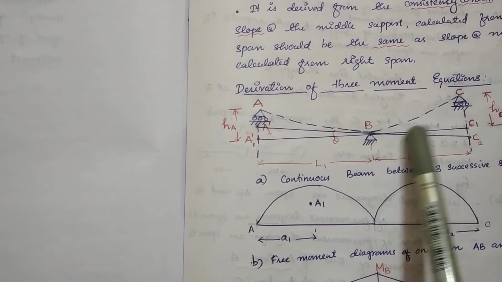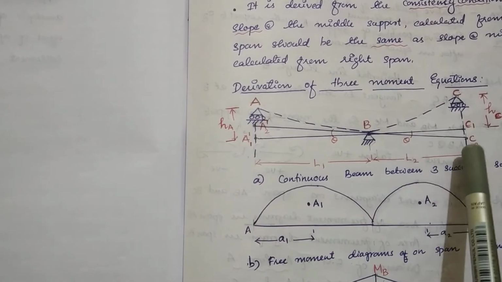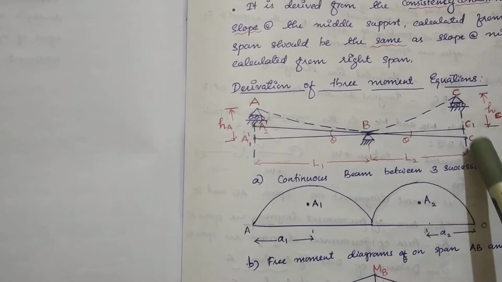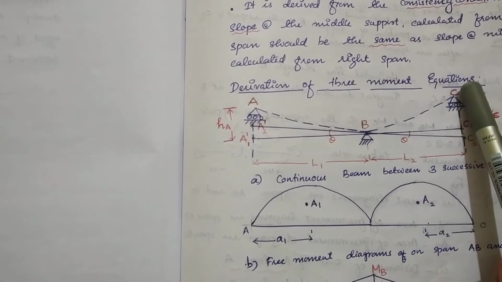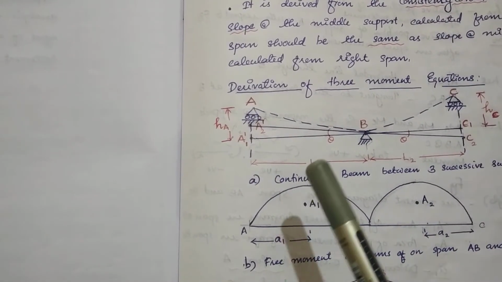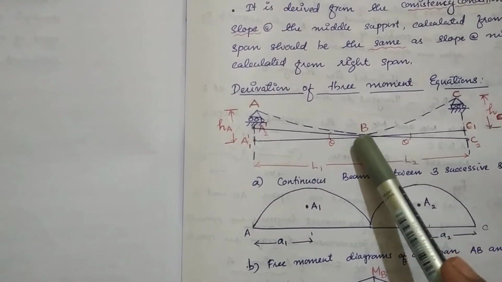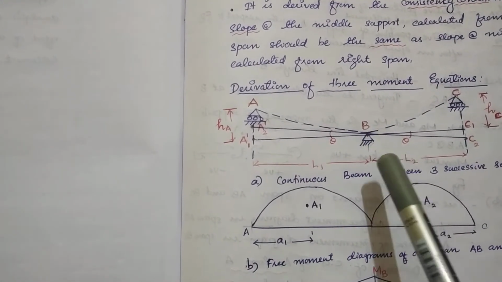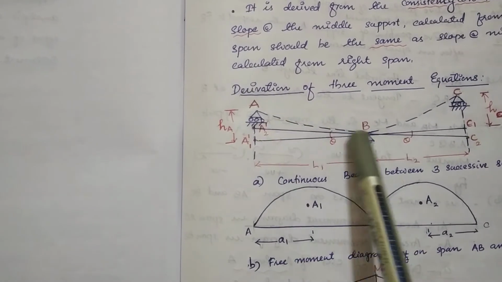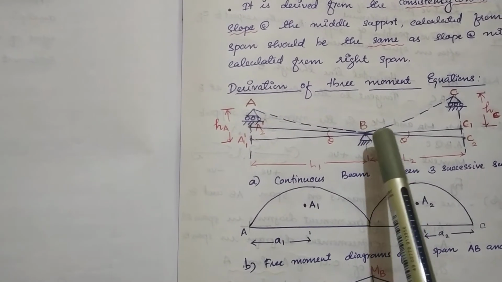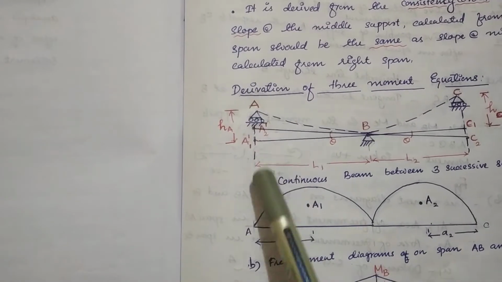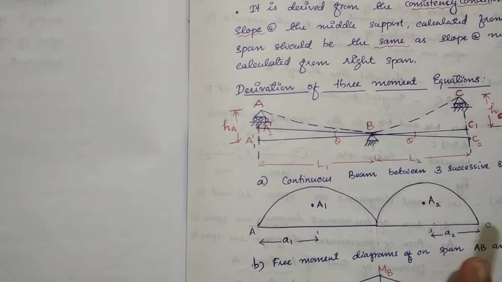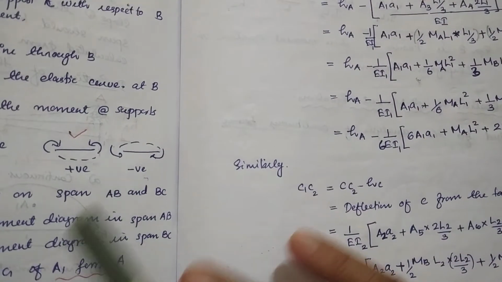Initially the line lies at A' B C1. After some time A' reaches A and C1 reaches C, and this distance is the settlement. B is the common point and no settlement takes place at B. So we can draw a tangent line to the point B, and this tangent meets the A line at A2' and C at C2.